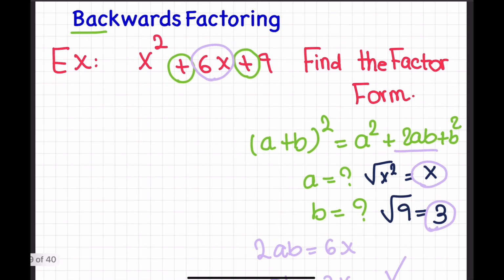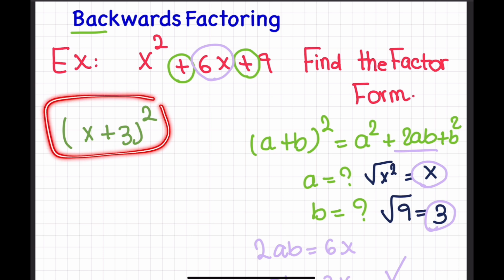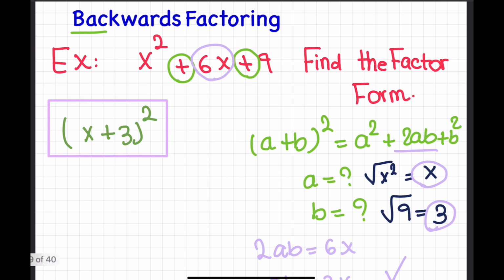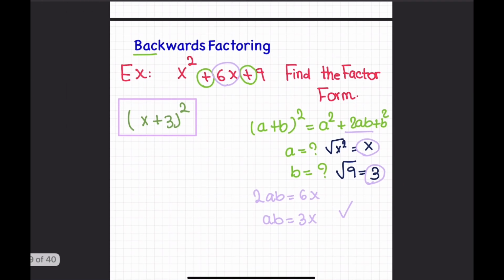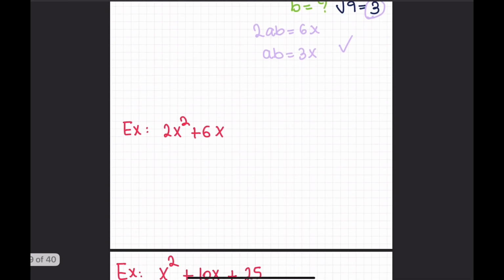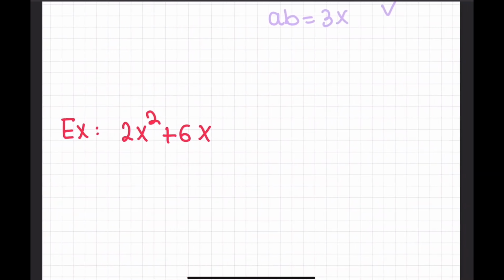So the answer is (x plus 3) squared, in this format. And this is what you have as an answer if the question is asking you to find the factor form.